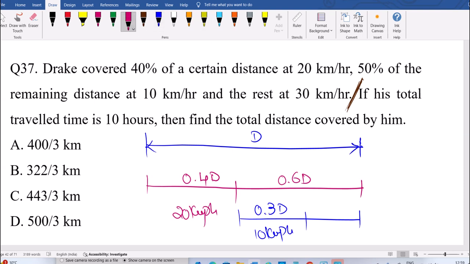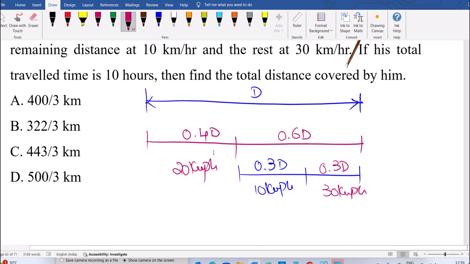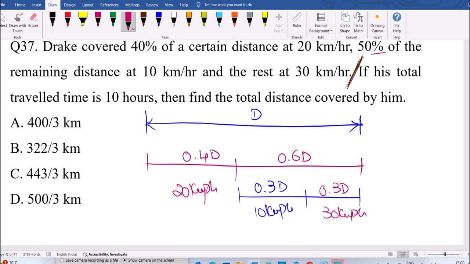And the rest, what is the remaining distance? 0.3 D, that's with 30 km per hour. Are you understanding this? Total distance is D, so the first is 40% of the total distance, 0.4 D. Remaining is 0.6 D. They said 50% of the remaining, which is half of that, 0.3.